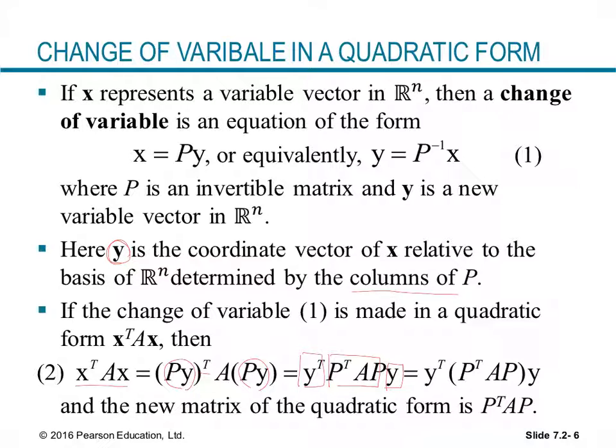In other words, this is a quadratic form with the y vector, and at that point P transpose AP is the matrix of the quadratic form. Since A is a symmetric matrix, A is orthogonally diagonalizable, so that means we can choose P so that P transpose AP becomes a diagonal matrix.